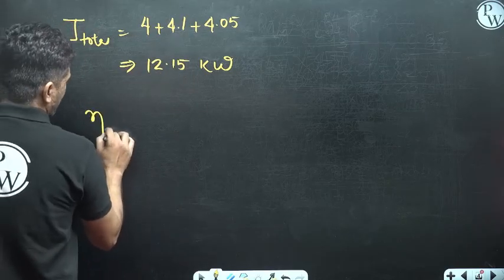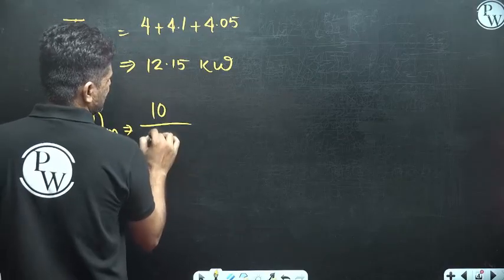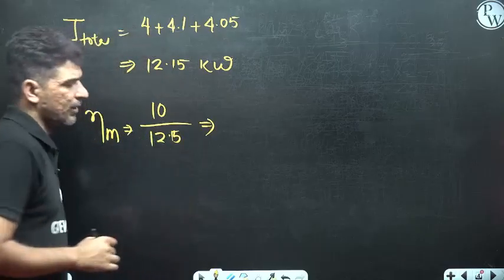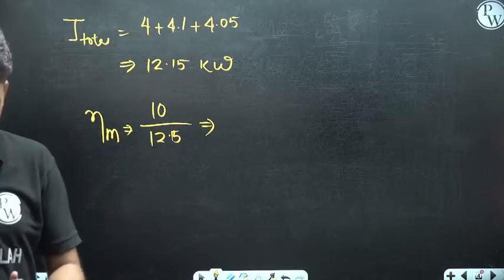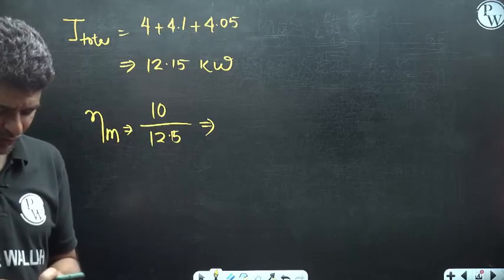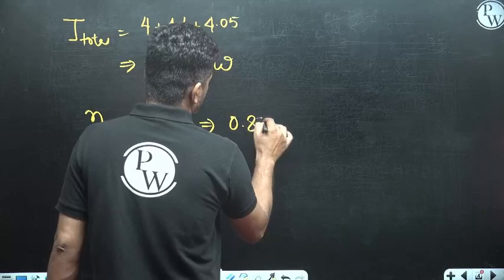So you can calculate mechanical efficiency or transmission efficiency, whatever you call it, that is 10 divided by 12.15, which is 0.823.